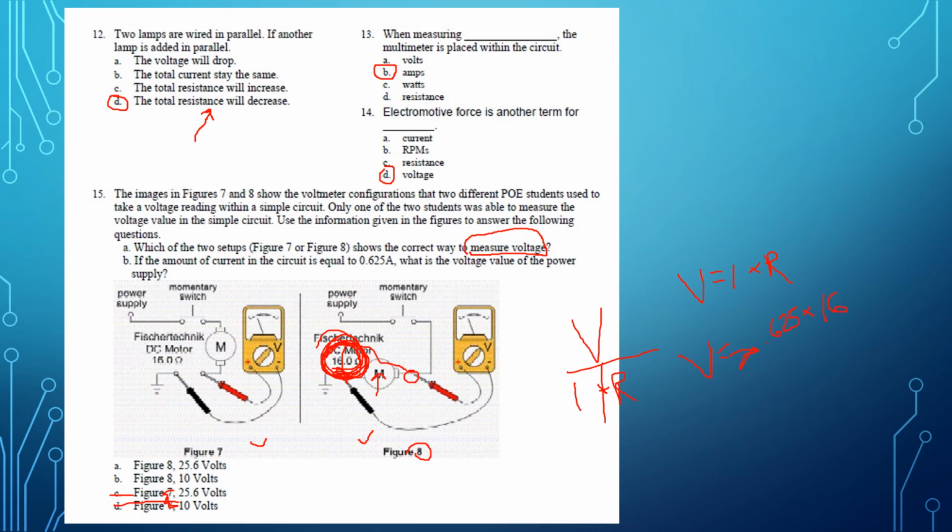So voltage is going to be equal to 0.625 multiplied by 16. That should give you 10. So my answer is B. So figure 8 is measuring correctly and it's giving me 10 volts. That's going to be it for this one. Pages 17 through 20 will be on the next show.